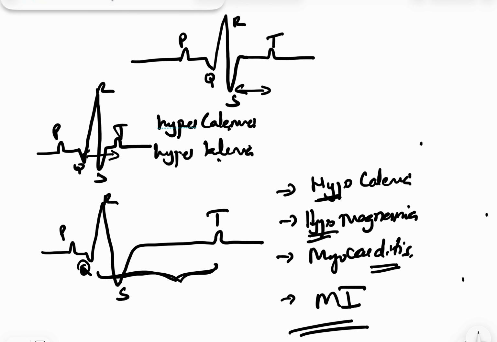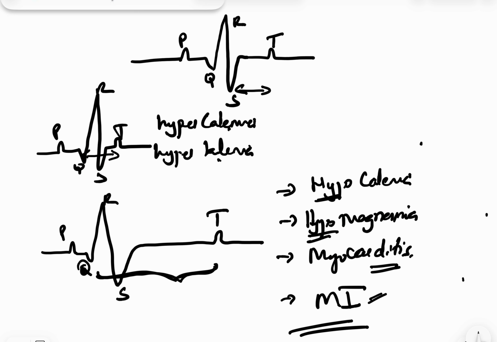So if in a central government examination, they show you an image of an ECG which has a prolonged QT wave and ask what probably is the condition of the patient, you can go with myocarditis or myocardial infarction as the probable diagnosis. Otherwise, they will say the patient has come with dyspnea or chest pain to the emergency department and you did an ECG, and the patient has either a widened QRS wave, a prolonged QT wave or a shortened QT wave.